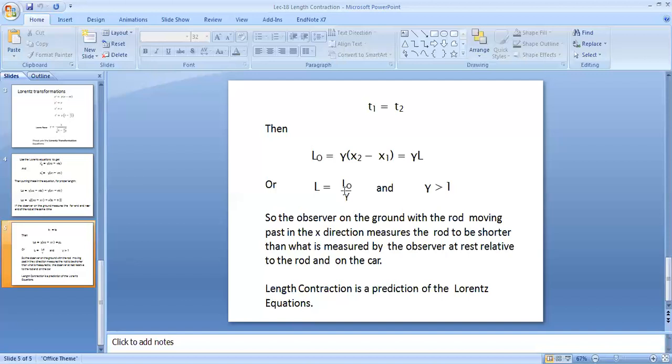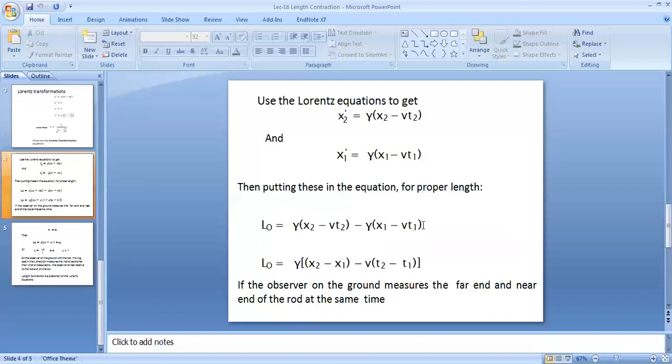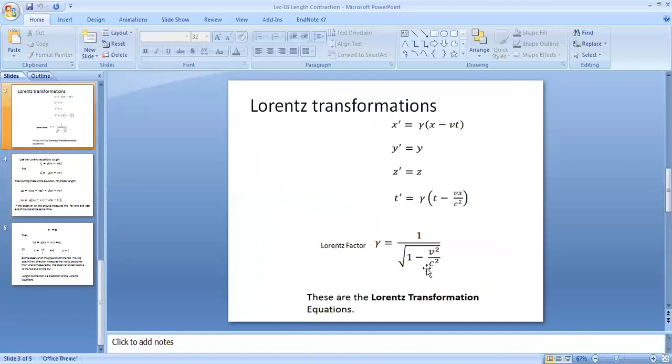This gamma is the Lorentz factor, and it is always greater than 1 because it is expressed as 1 over the square root of 1 minus v square over c square, and v can never be greater than c. So here there will be some fraction, and 1 minus some fraction will always be a fraction, and its square root will also be a fraction.